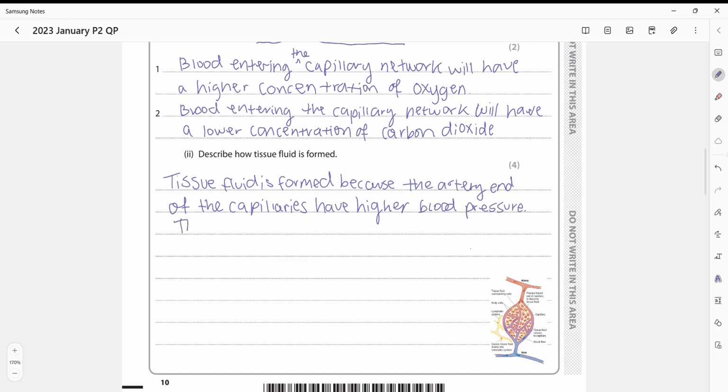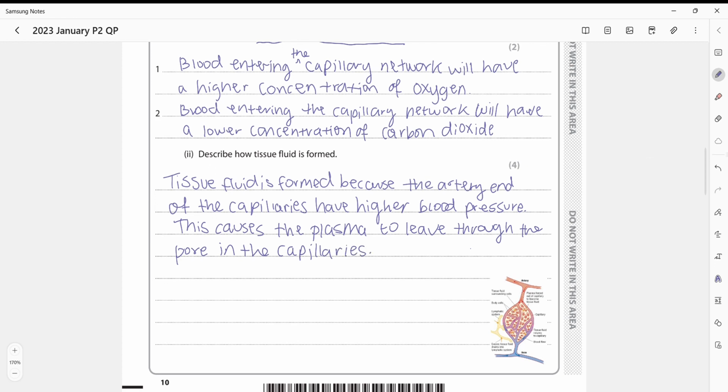This causes the plasma to leave through the pores in the capillaries.